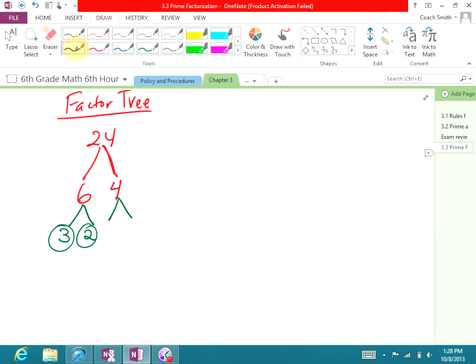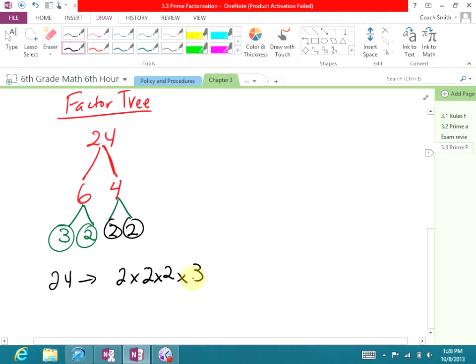Now, what are the factors of 4? What are 2 factors of 4? 2 times 2. Those 2 are prime. Therefore, my prime factorization of 24 is 2 times 2 times 2 times 3.